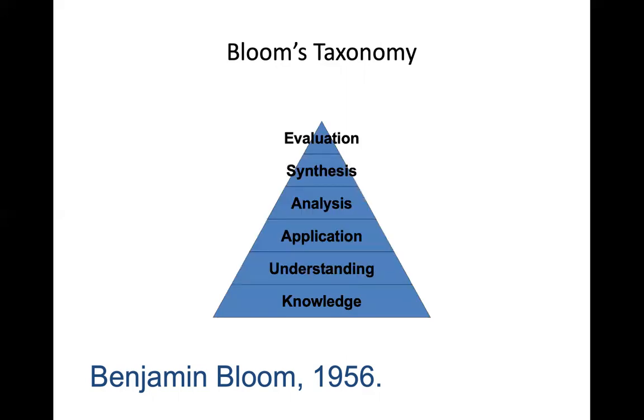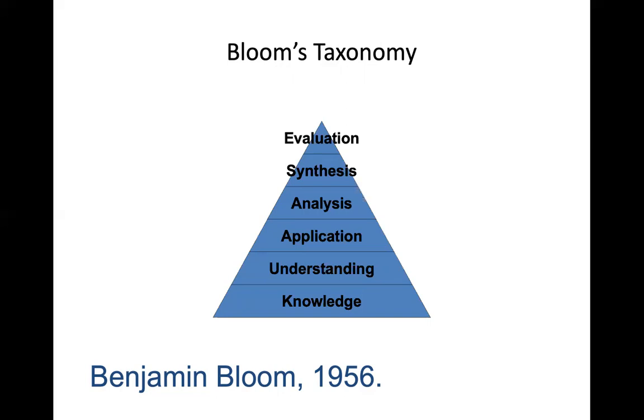These are actually derived from Bloom's taxonomy, which came out in 1956 from Benjamin Bloom, who was an educator. He divided the cognitive domain, the knowledge, into 6 different levels.